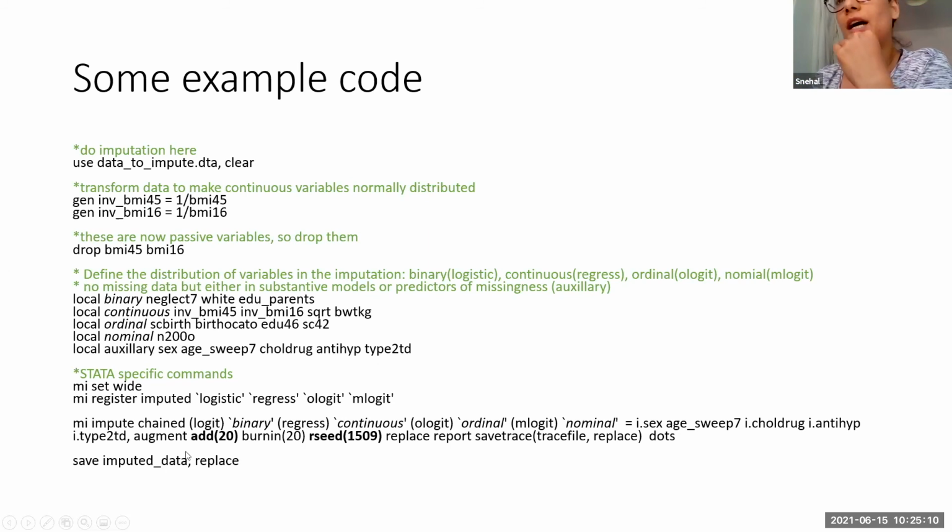And then this is just how you tell Stata to do an imputation. What I wanted to highlight here is this add 20, basically saying to do 20 imputed data sets. And this rseed business is just to say that when you do a multiple imputation, there's a random element in it.